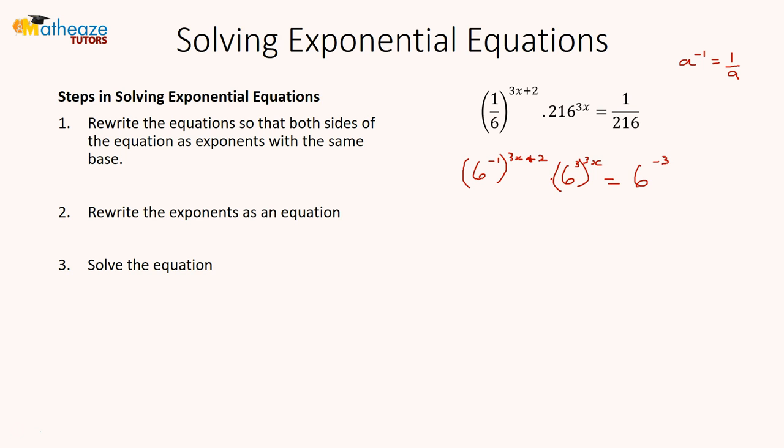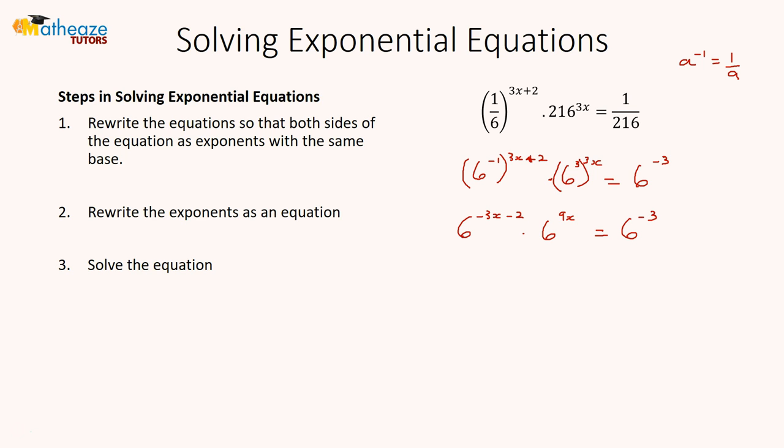So let's simplify. This is going to be 6 to the power of negative 3x minus 2 multiplied by 6 to the power of 9x equal to 6 to the power of negative 3.